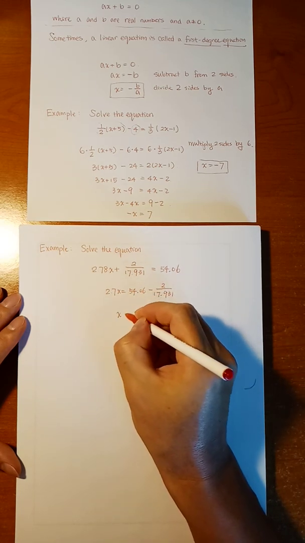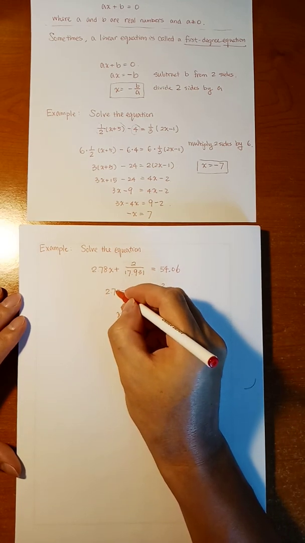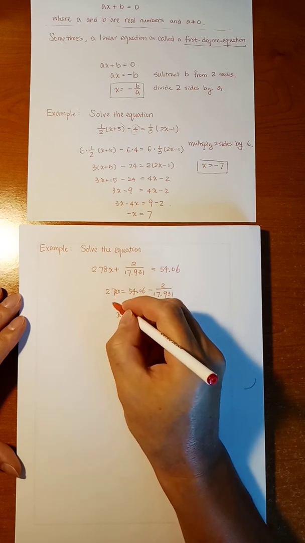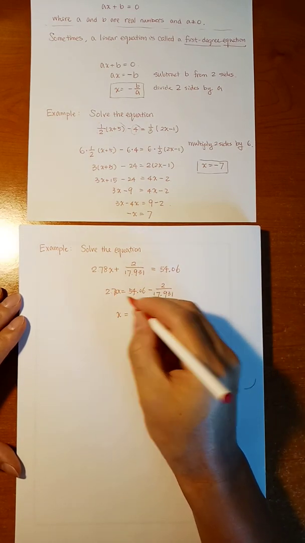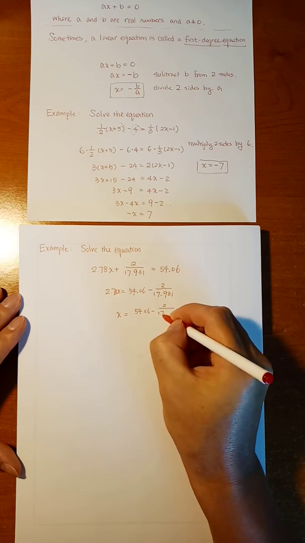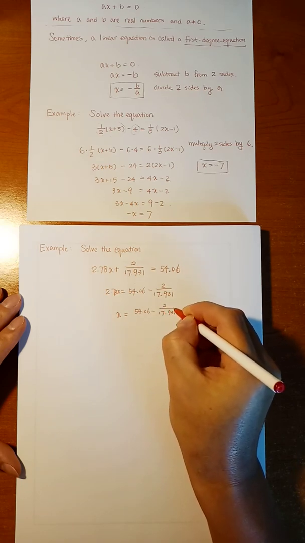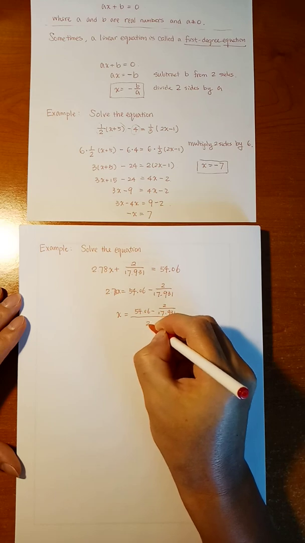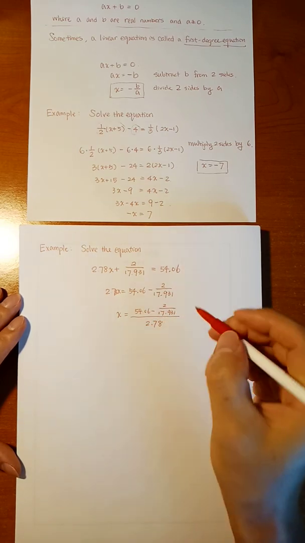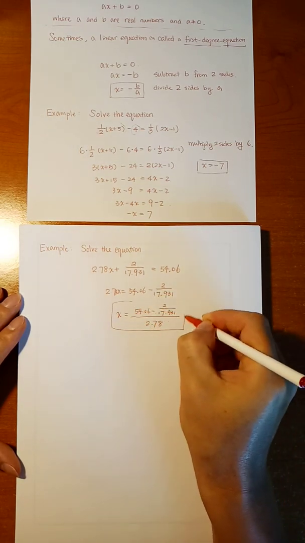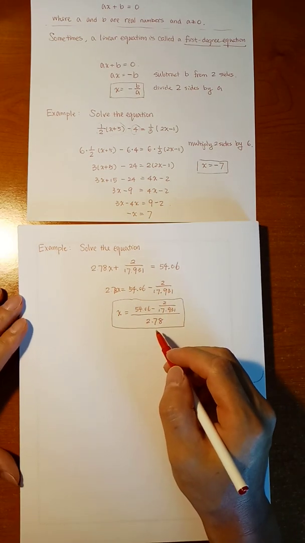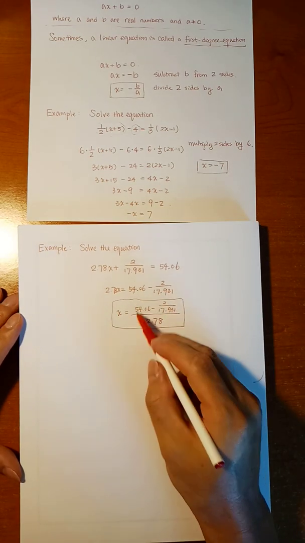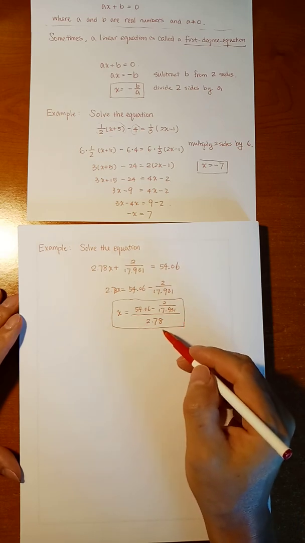You're going to divide the equation by 2.78. So you divide both sides by 2.78. And this is going to be your final answer. Don't simplify it. Don't use a calculator. Okay, this form is the final answer.